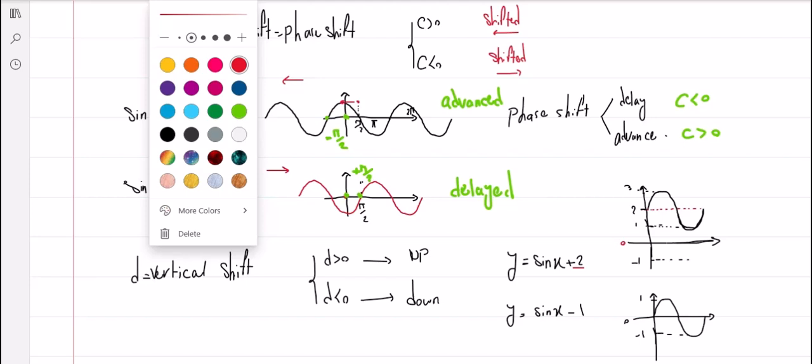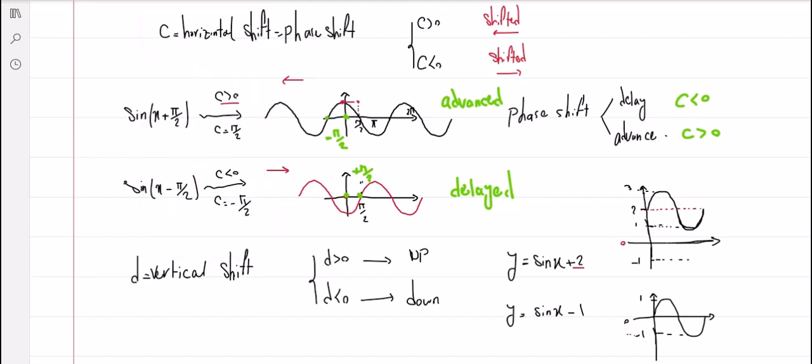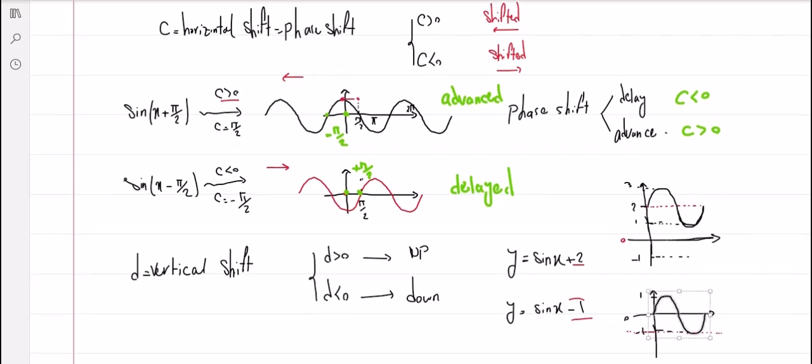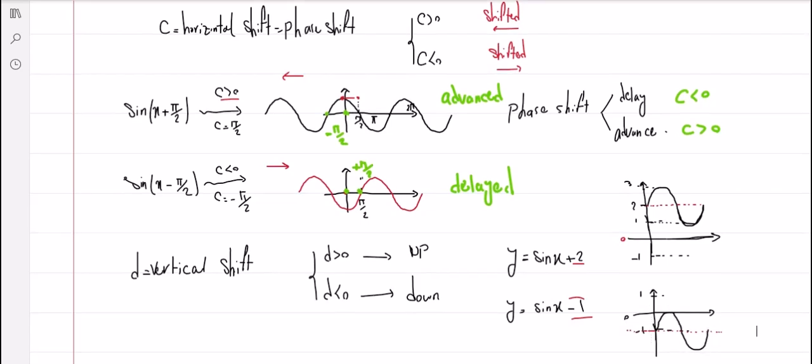The new center line would be this line, since it is going to be moved down, since the d value is minus and it is a negative one, it's going to be moved down, and the center line would be at -1. So I'm just gonna move the function down to its center line. So it would be looking like this, and the maximum value would be at 0 and the minimum value would be at -2.